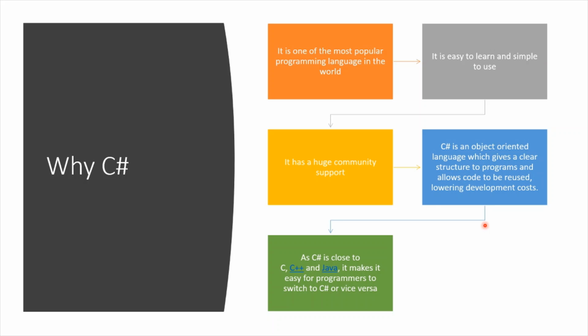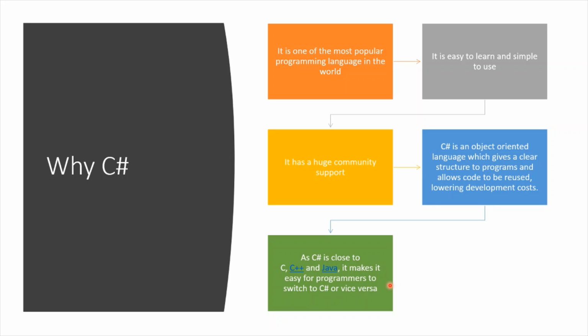It is one of the most popular programming languages in the world. It is easy to learn and simple to use. Of course, the syntax is so easy. Once you understand the syntax, you will love it. C Sharp is an object-oriented programming language. That means it is closer to Java and C++, as we said, and that makes it easy to switch for programmers.